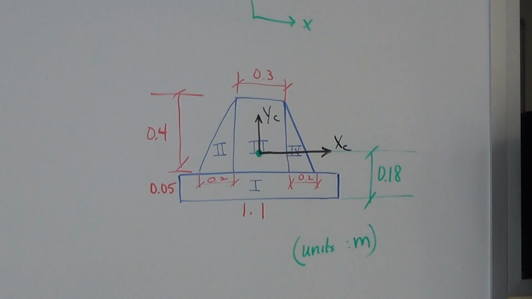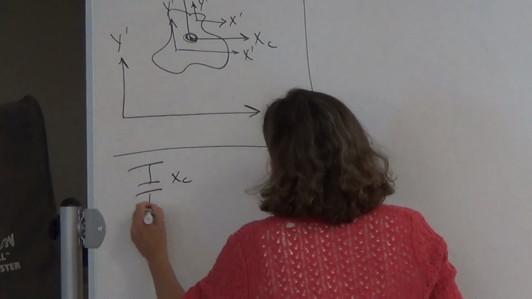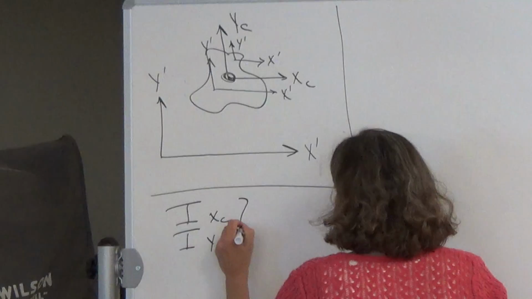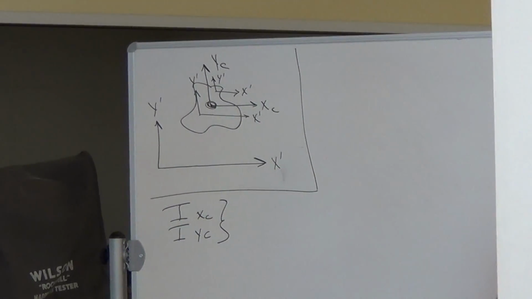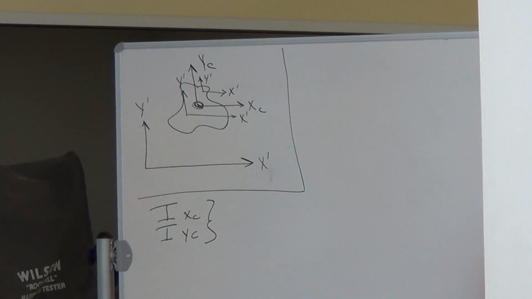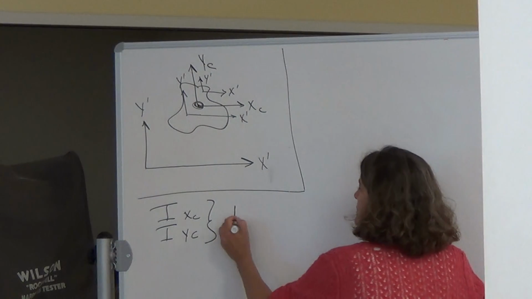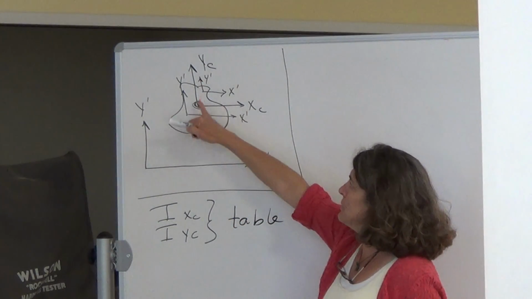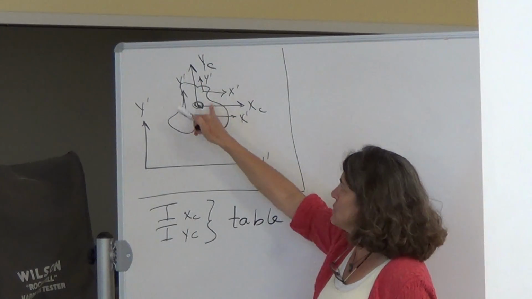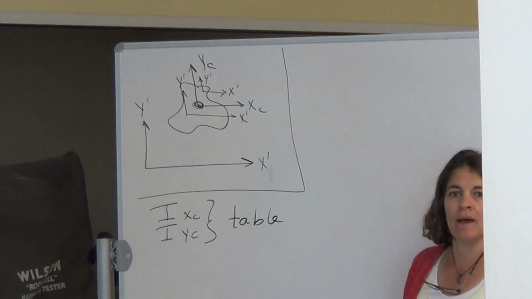So if we want to find the moment of inertia about the x-axis through the centroid or the y-axis through the centroid, how do we know what the moment of inertia value is? Where do we find that? On the table. As long as we want to find the moment of inertia about the centroid, we look on the tables that you have.